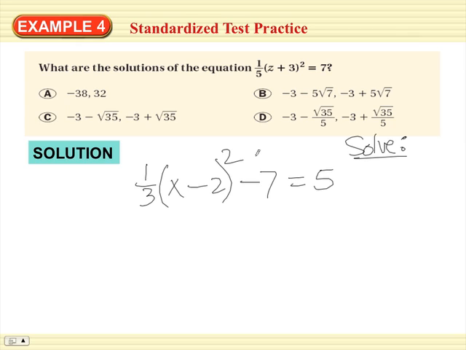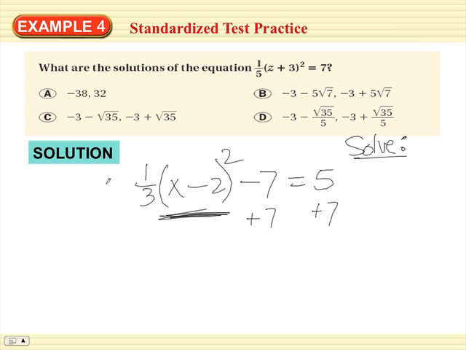You definitely have to do a specific order. So technically what you're supposed to do, get the parentheses by themselves, which means you have to do what first? Add 7. Have to add 7 first. If you multiplied by 3 first, don't do it.